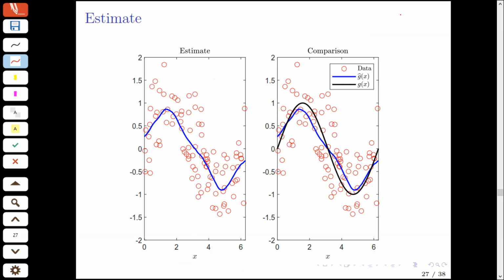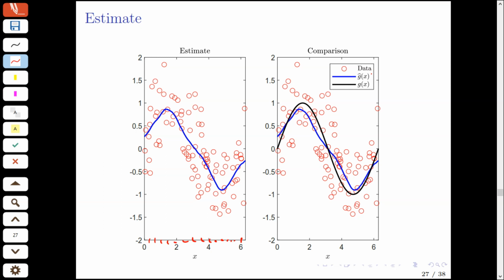Applying our code snippet to a grid of points, and then interpolating the results, we get a function estimate, this blue line here. So this is our kernel estimate of the underlying function g.